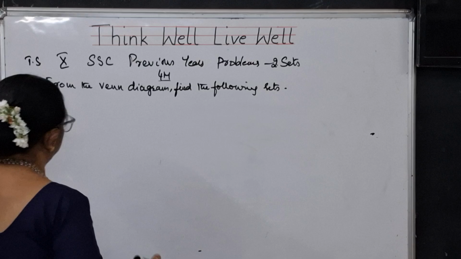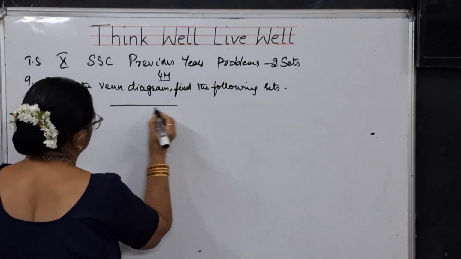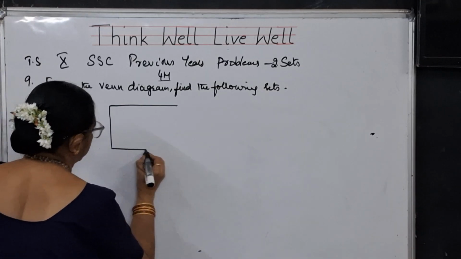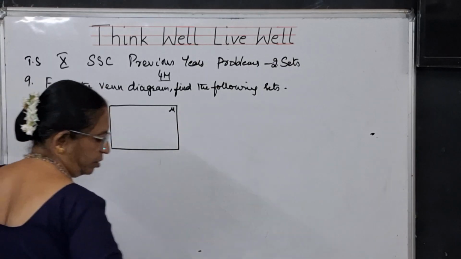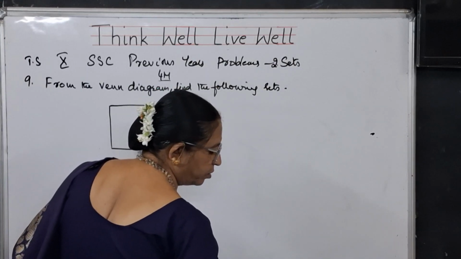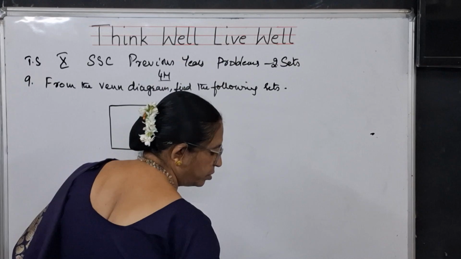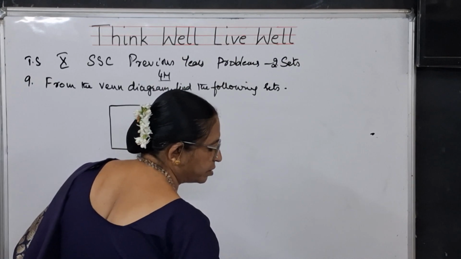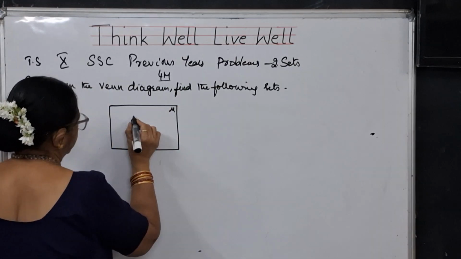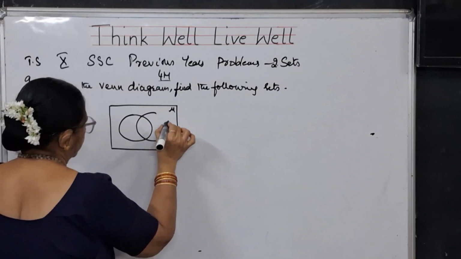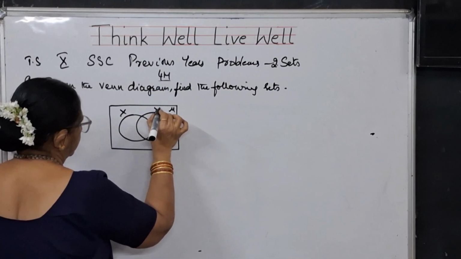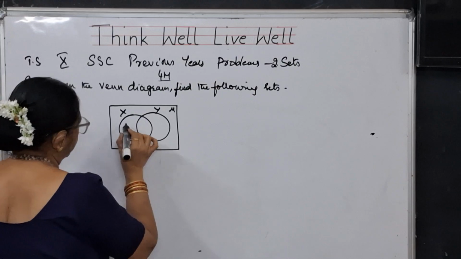So, what is the Venn diagram, children? You have got a universal set, and in this you have got X and Y. This is set X, this is set Y.